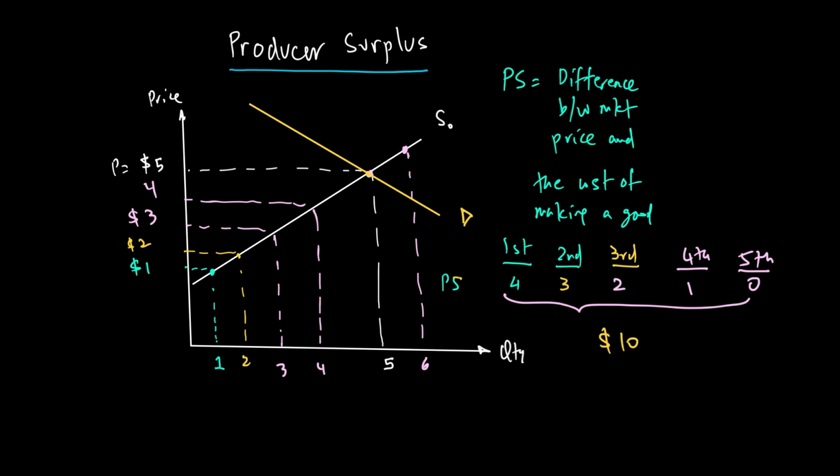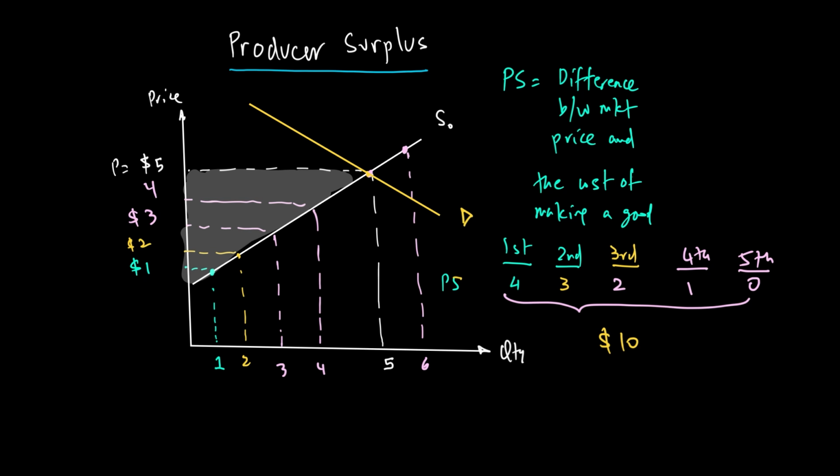And if I look at the area of total producer surplus, which is $10, it will be all of this region, which is the area under the market price of $5 above the supply curve. So in short, the area under the market price above the supply curve is my producer surplus.